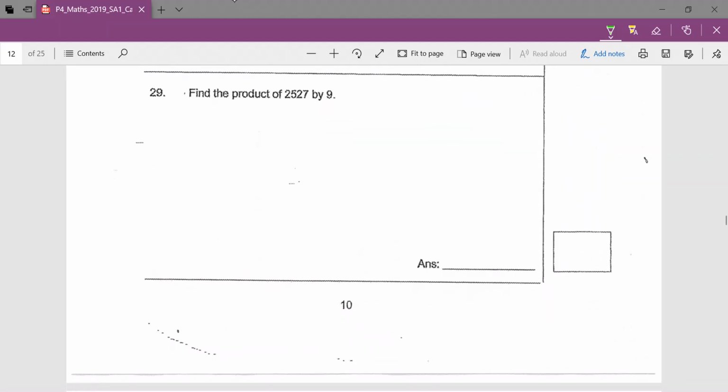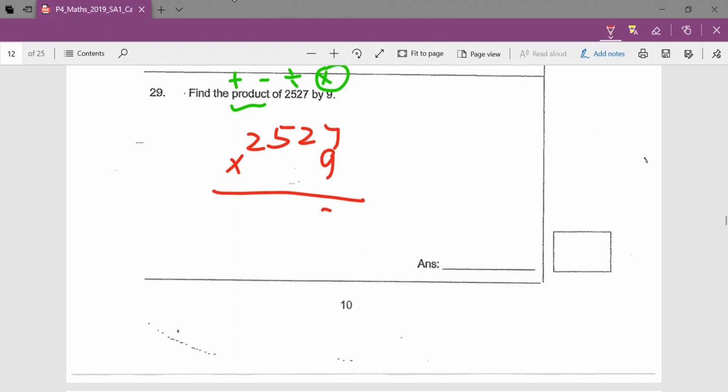Find the product of 2,527 by 9. Product means what? What operation is it? Is it plus? Is it minus? Is it divide? Or is it times? It's times, right? So you're going to times them together. 2,527 times 9. 9 times 7 is 63.